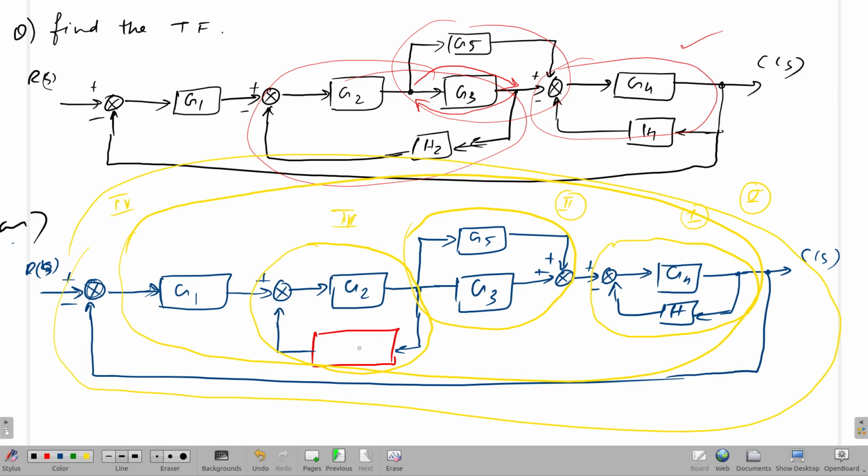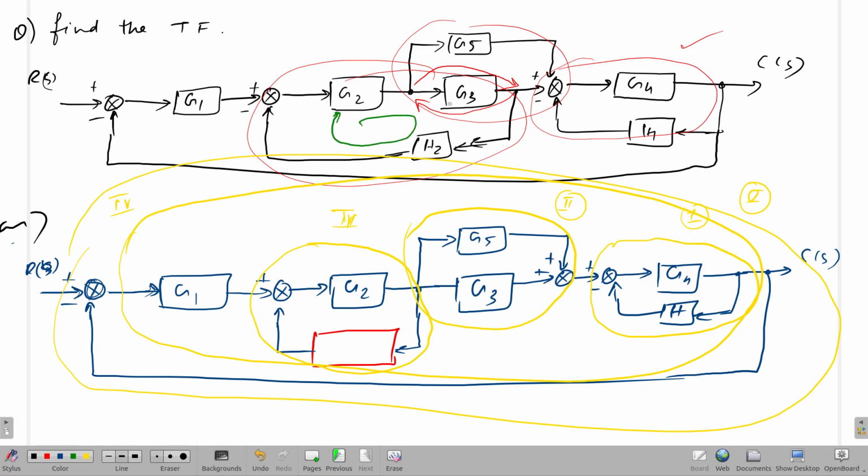But now, what is the change here? If you have taken this here, how will it change? Will it be just H2 or will there be any change? Okay, so let's see, the initial path was like this, right? This was the initial path.